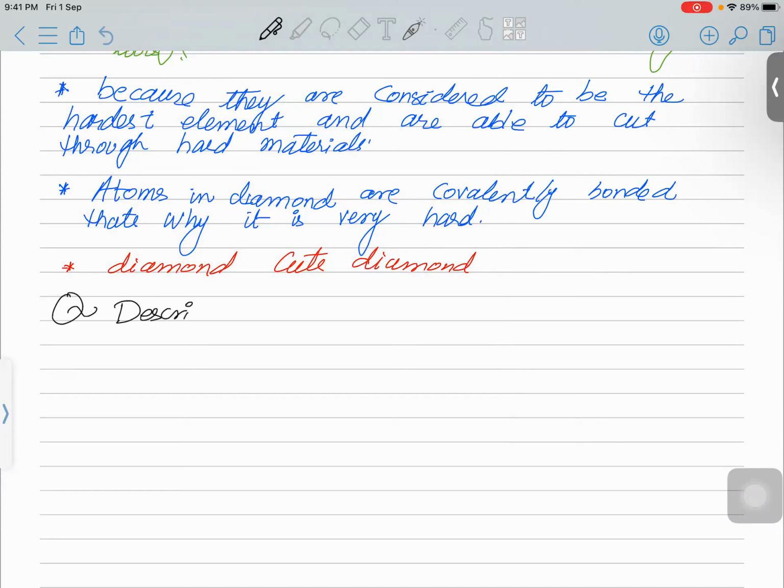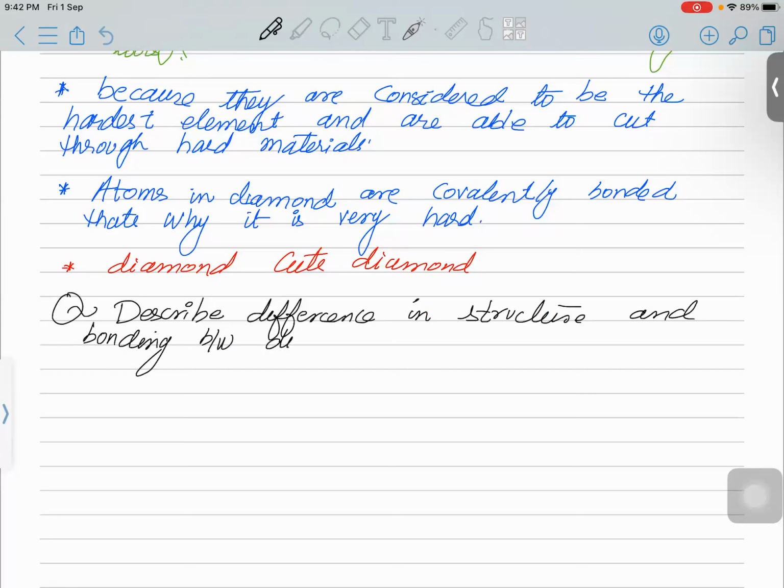Describe differences in structure and bonding between diamond and graphite.